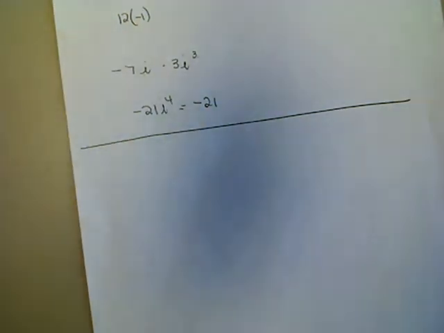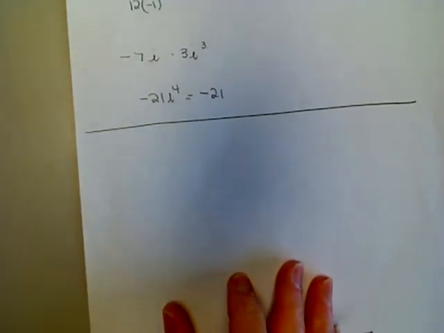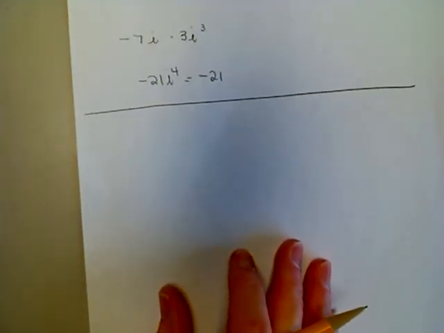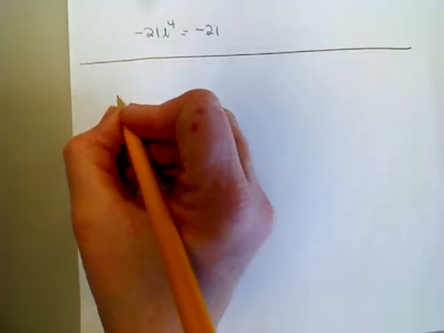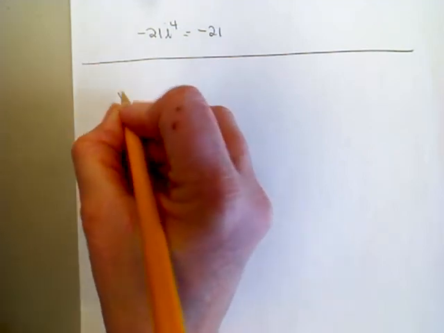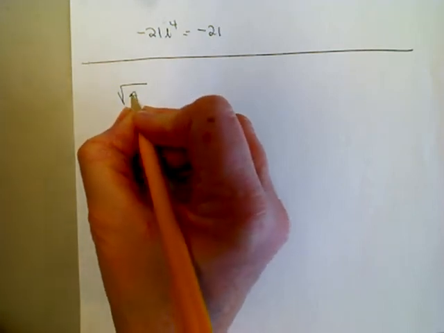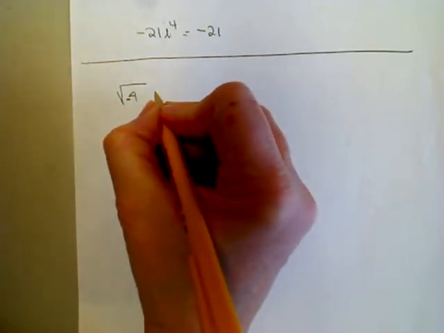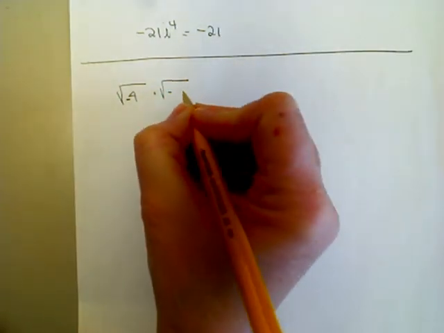The next part I want you to be able to do is simplifying radicals with negatives when there's multiple radicals. So for instance, if I gave you this problem, the square root of -4 times the square root of -9.